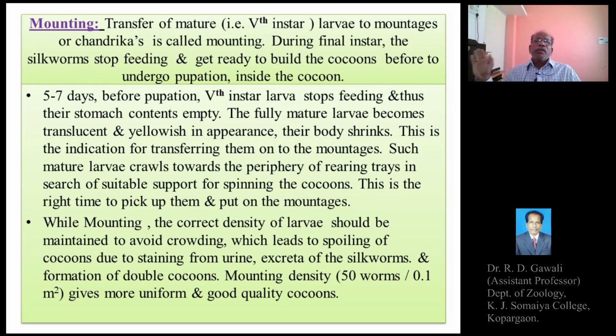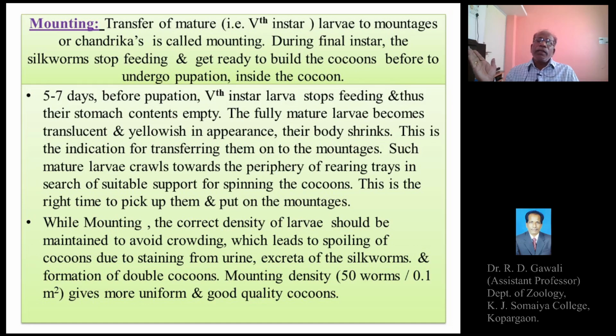There are several changes taking place in a silkworm larva at the fifth instar: the silkworm larva stops feeding and crawls towards the periphery of the rearing tray in search of a suitable site for spinning the cocoon, and this is the right time.